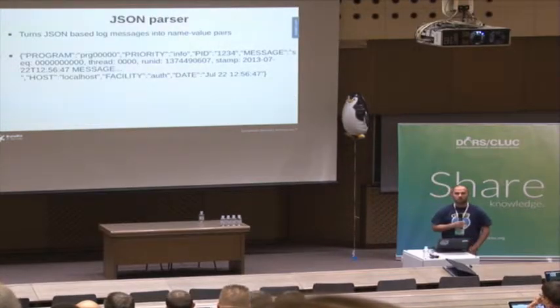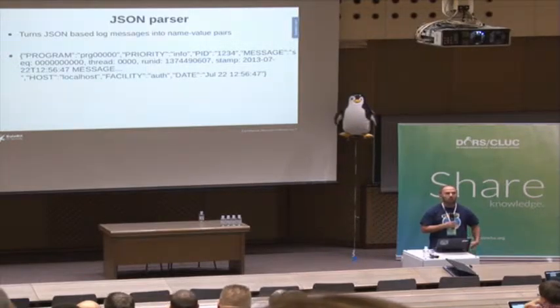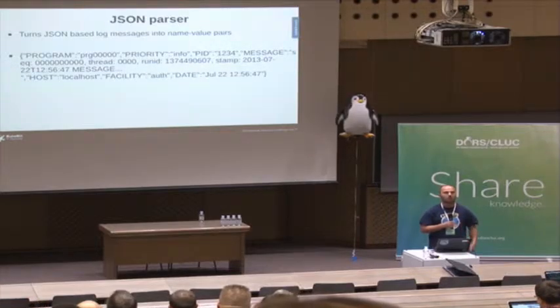Let's look at these parsers. The first one is JSON. The JSON data is structured right from the beginning, and syslog-ng can interpret it, parse it into name value pairs.